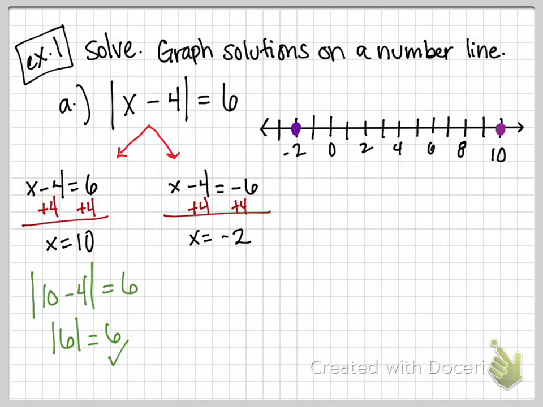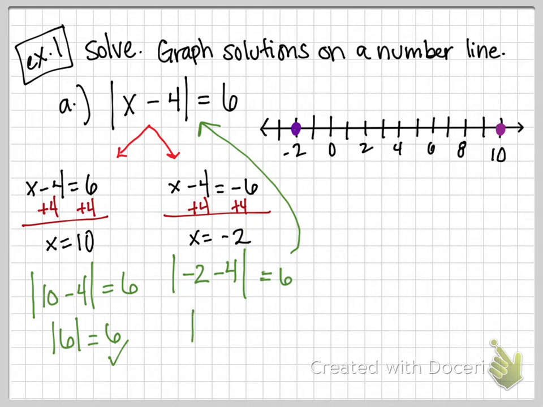What if I plug in a negative 2? This says the absolute value of negative 2 minus 4 is equal to, I'm going back to my original. I've got to be careful. When you check, go back to your original. I'm going back to this equation. The absolute value of negative 2, and I said x could be negative 2, minus 4 equals 6.